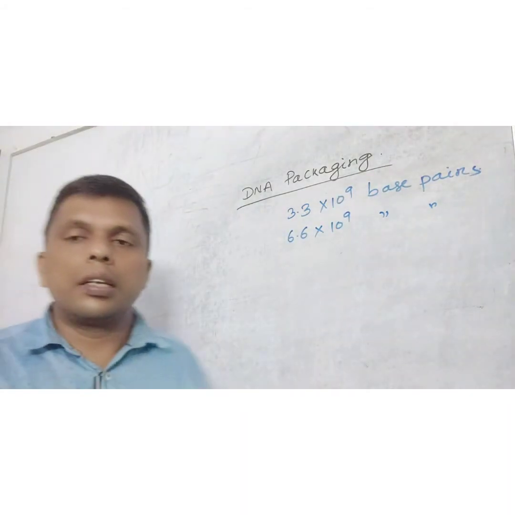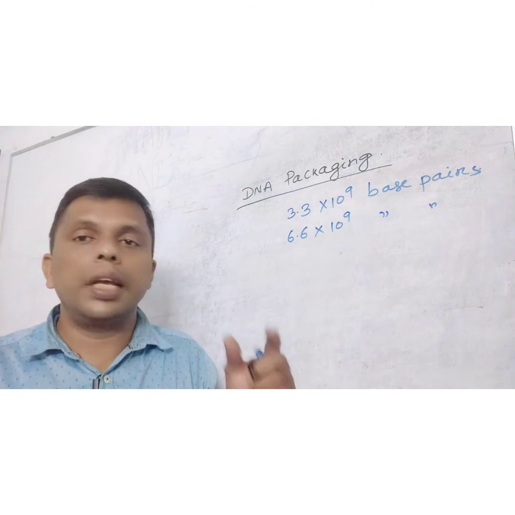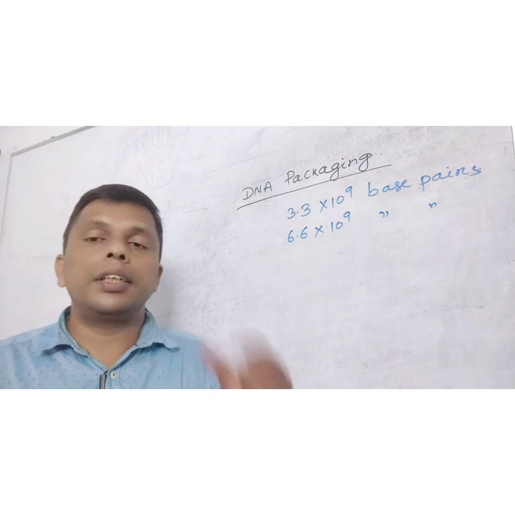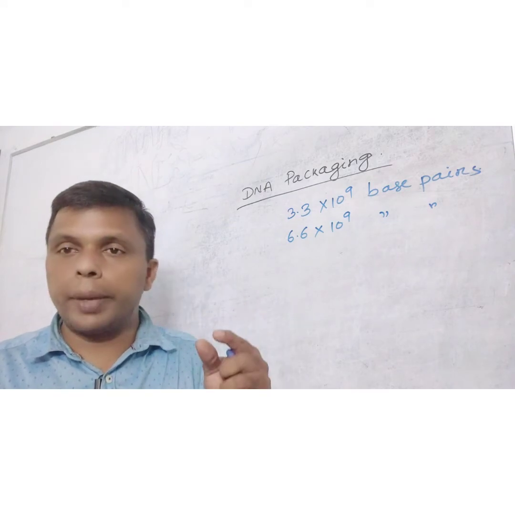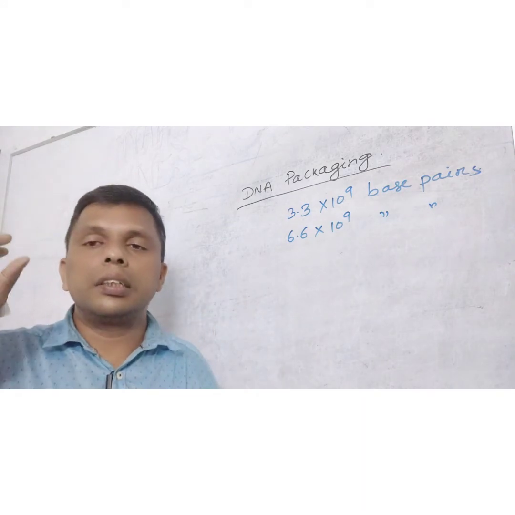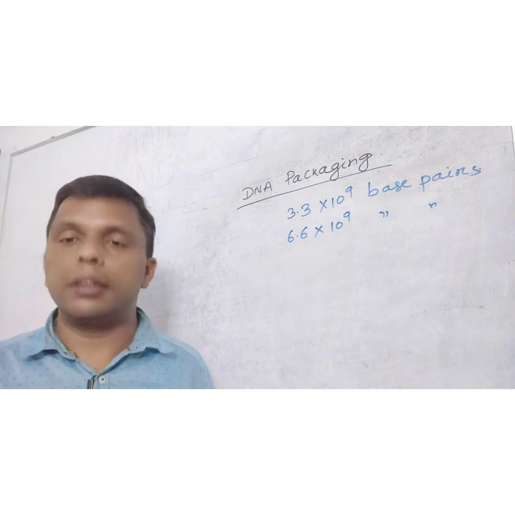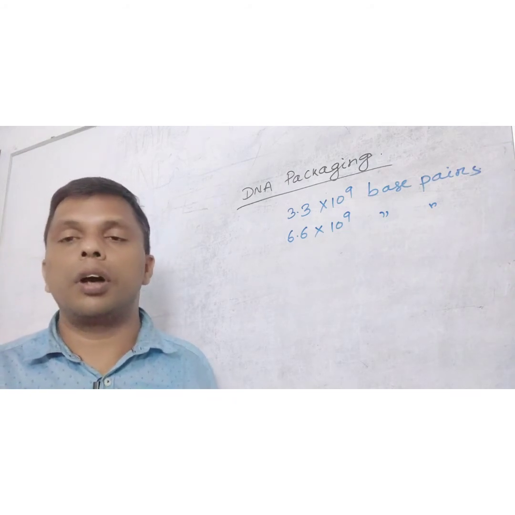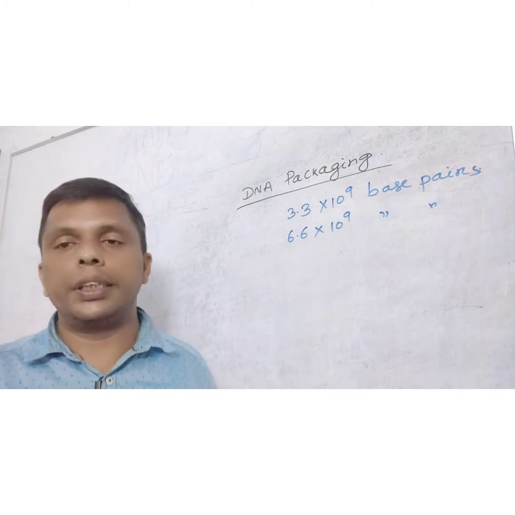We have already discussed in the structure of DNA that there is a specific gap between adjacent base pairs and the turn of each DNA. The turn or the loop of each DNA is variable in its length.